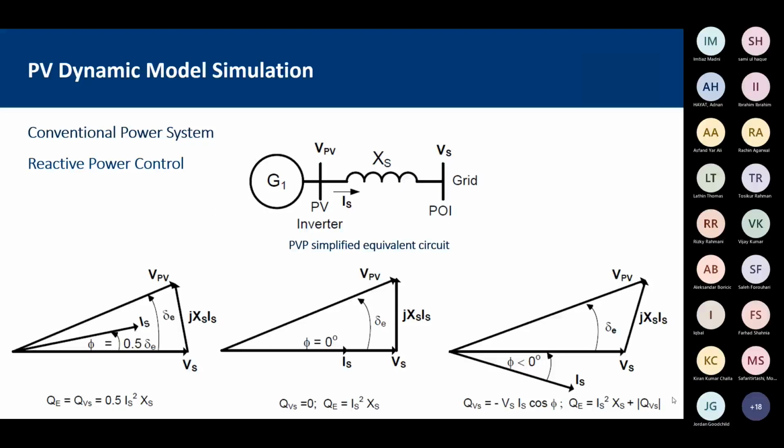Similarly, the mechanical power is used to control the angle because it has moving parts, unlike modern generation sources like inverters, which don't have any moving parts, so they lack this inertia. So we can control the power angle in conventional generation sources.